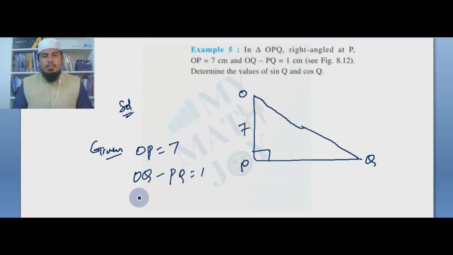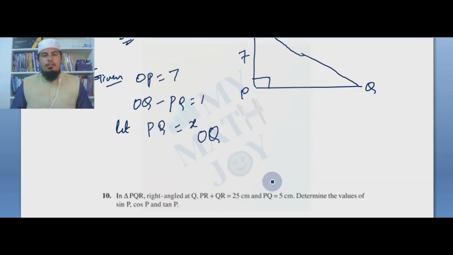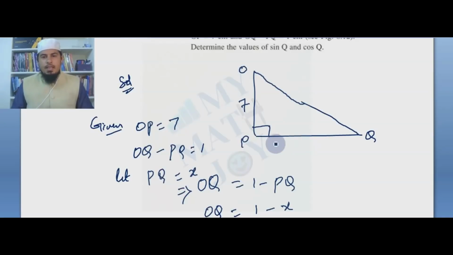If I represent, let PQ be X, then OQ can be written as OQ minus PQ is equal to 1, so by transposing, OQ is equal to 1 plus X. So now you please see, we considered PQ as X and we got OQ as 1 plus X. Can we get a relationship, an equation of some kind, where we can solve and find the value of X?